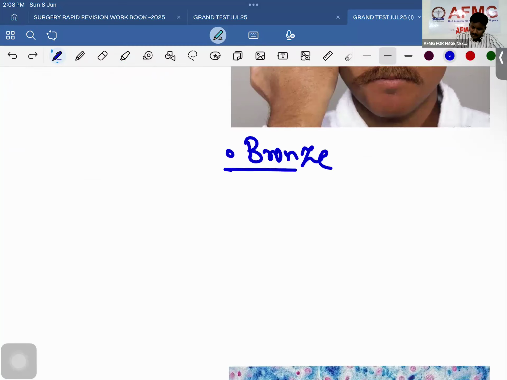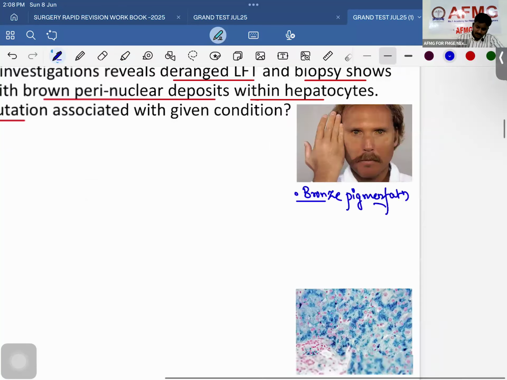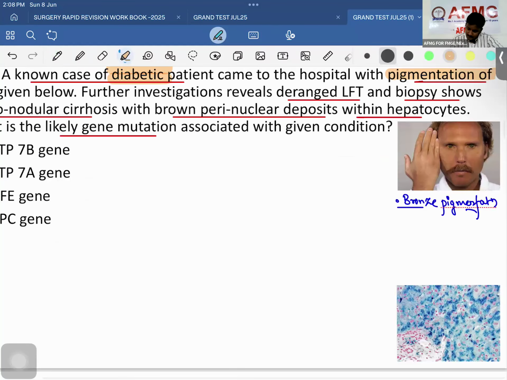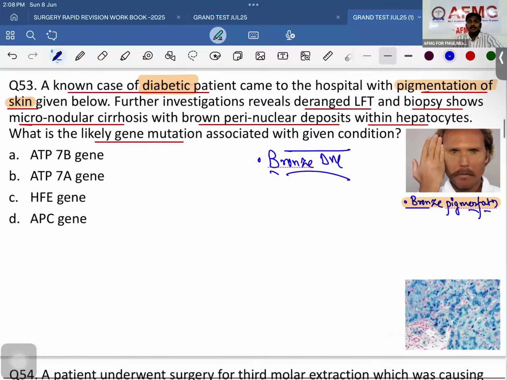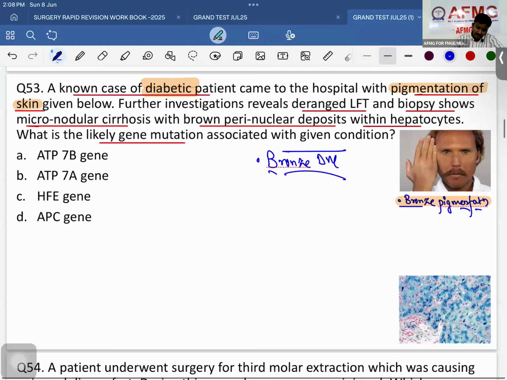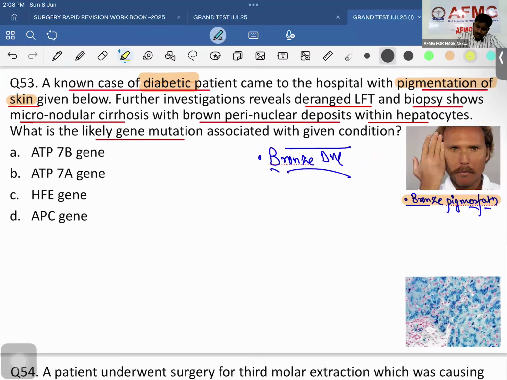I hope all of you are quite aware that whenever a patient has bronze pigmentation of skin along with known diabetes mellitus, it is basically a picture of bronze diabetes. Bronze diabetes develops when the patient has deposition of iron, that is, hemosiderin pigment of iron, which is known to cause hepatitis and cirrhosis, and a brown perinuclear deposit will be seen.